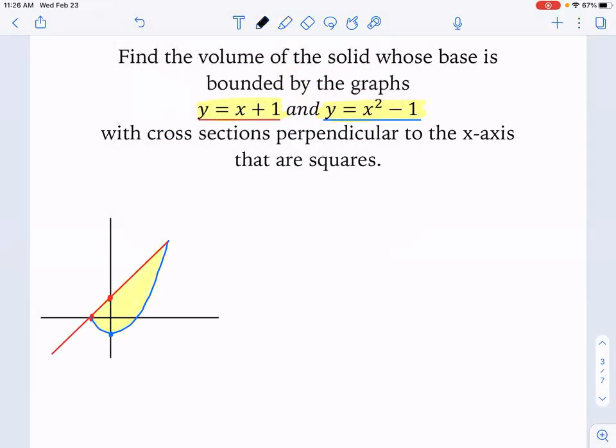And since we have cross sections perpendicular to the x-axis, I'm going to draw in a rectangle with thickness dx.